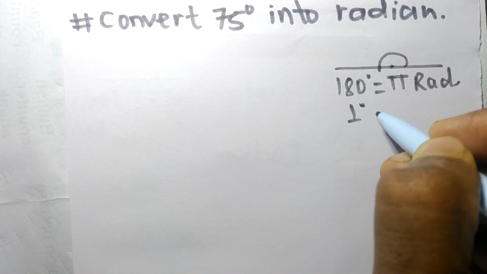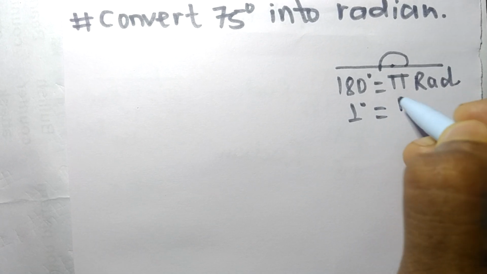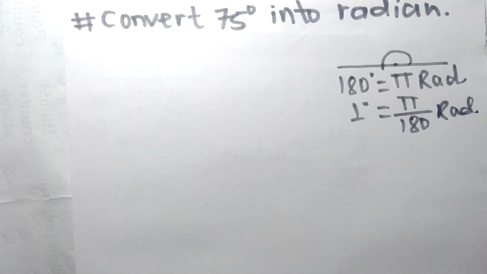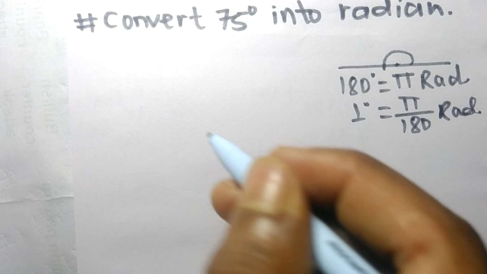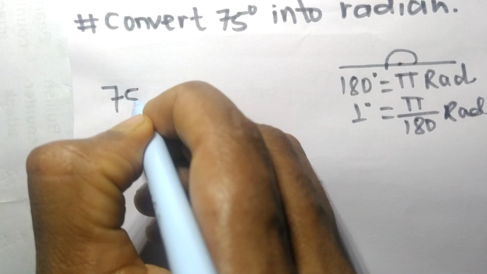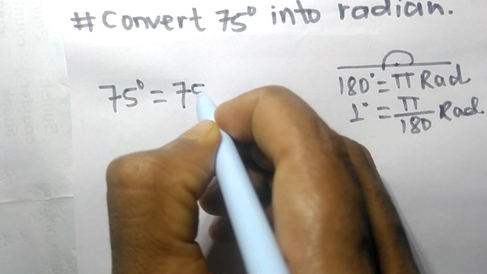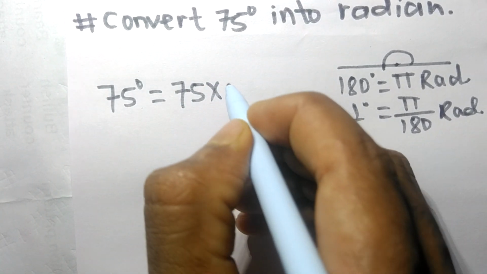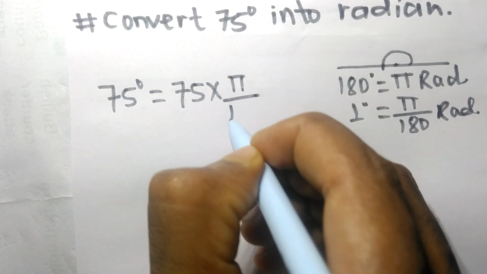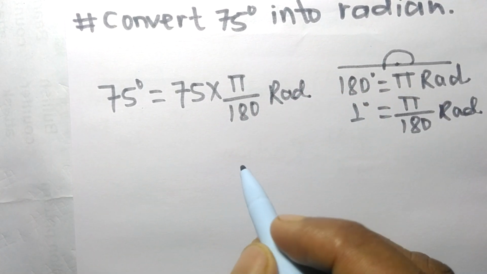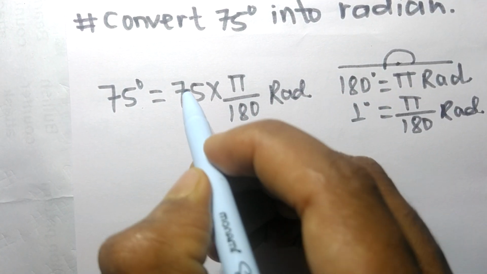So 1 degree is equal to pi by 180 radian. So in the same way, 75 degree is equal to 75 into pi by 180 radian.